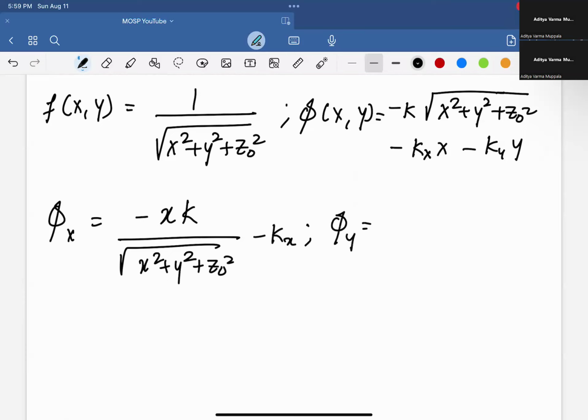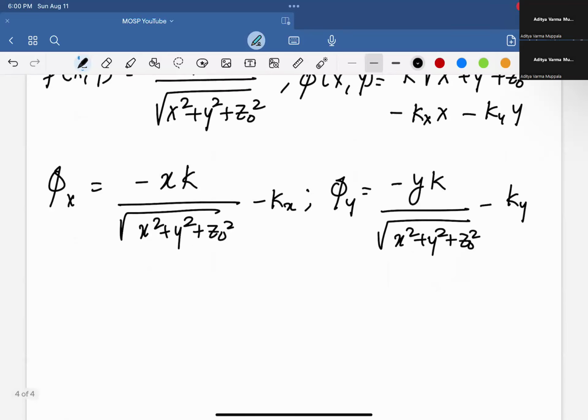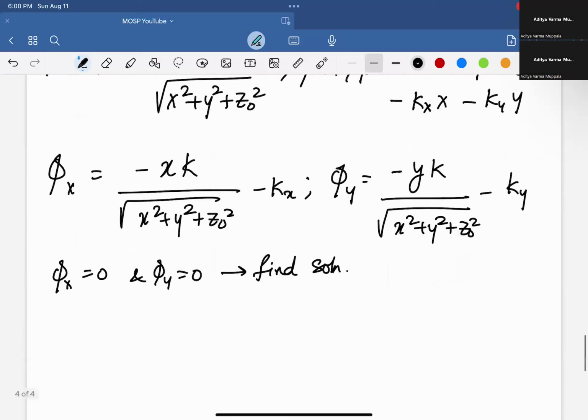Similarly, phi y is minus yk over square root of x squared plus y squared plus z naught squared, minus ky. So then what you do is you say phi x equal to 0 and phi y equal to 0, set these two, and then find the solutions to the system of equations.